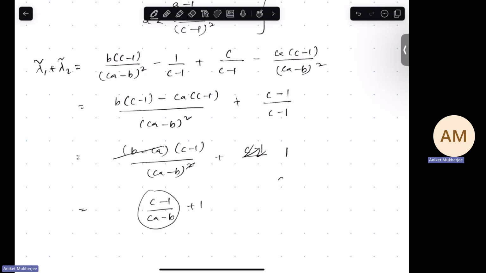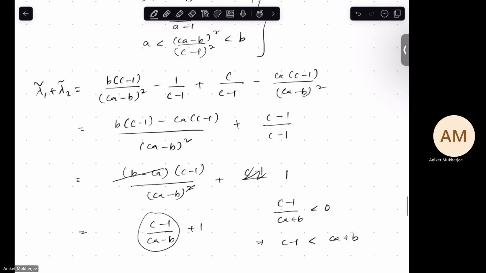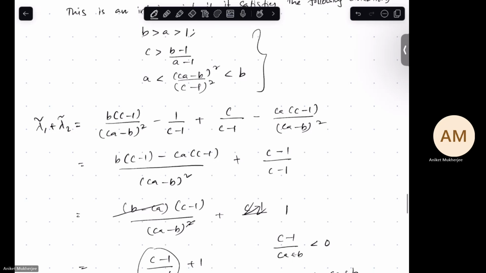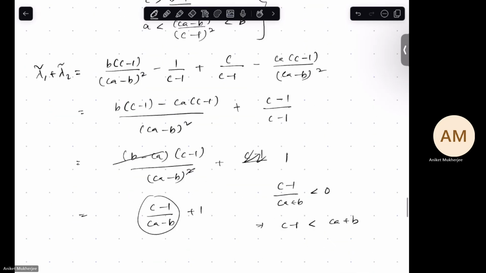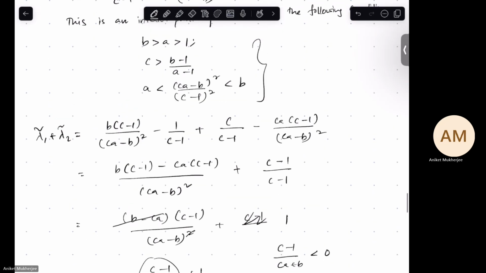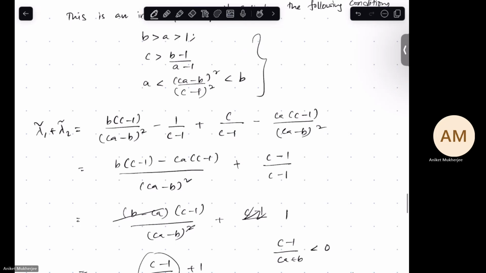So this should be less than or equal to 3 by c minus 1 is less than c plus b.